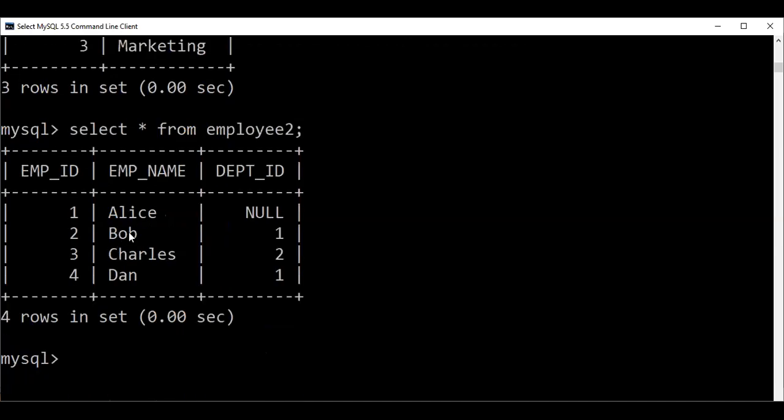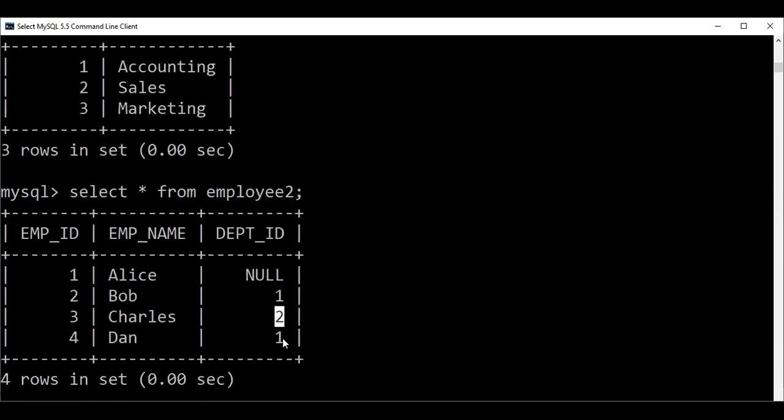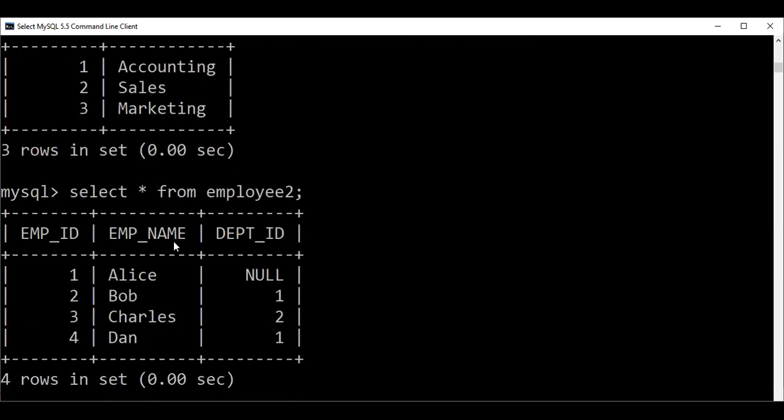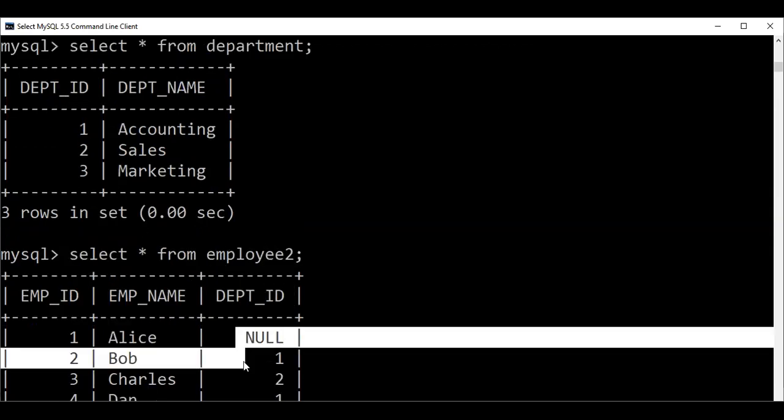Only a small change. If you compare employee and employee 2, this department ID and this department ID are the same. The values are the same, and they come from the same domain. In the employee table it was department number, and now I have changed it to department ID. So now these two tables are common by value and by name, so we can apply natural join.